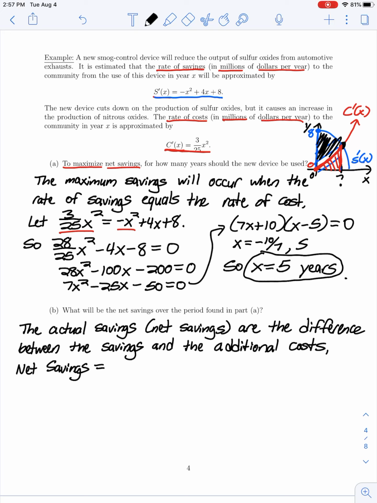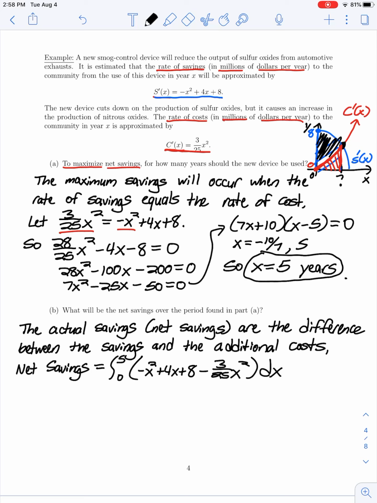So the difference in those values is then the area between those two curves over our interval for which we're using this device. So to find the area between those curves, we would integrate over the time interval from 0 to 5. The upper curve, which is our rate of savings, which is negative x squared plus 4x plus 8, minus the lower curve, which was 3 over 25 x squared.